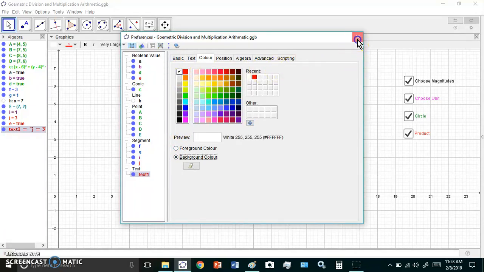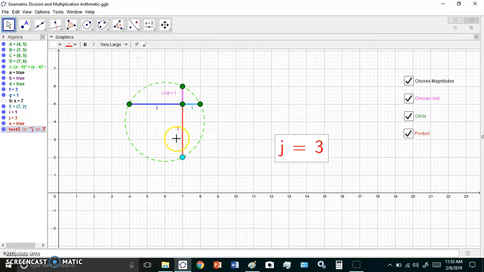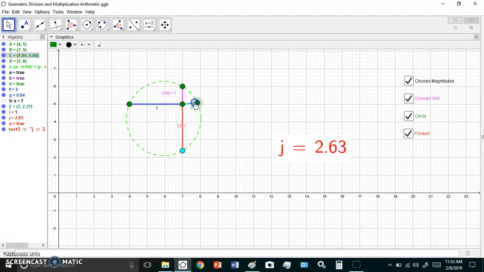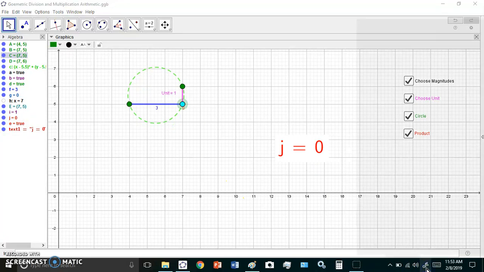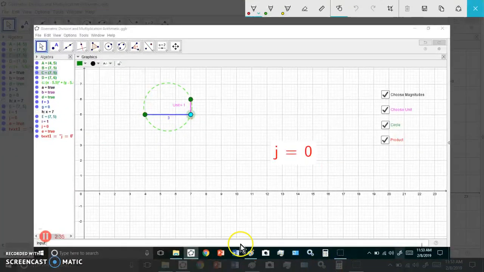There we go. So j is equal to 3. It's the length of this line here. If we do this, j is 0. But notice that if j is 0, we can't have 0 divided by 0 equal 3.